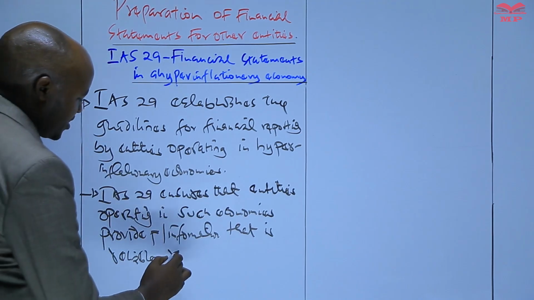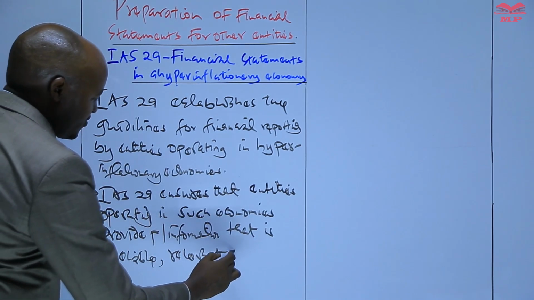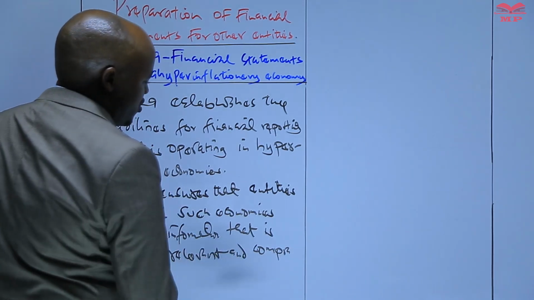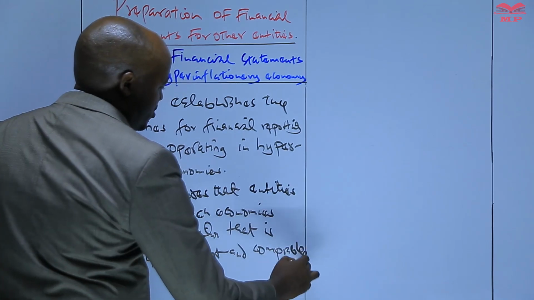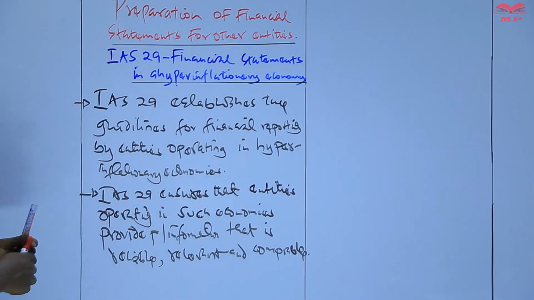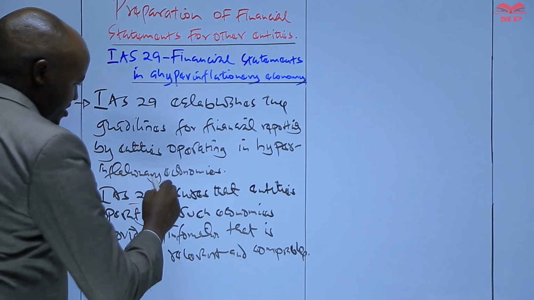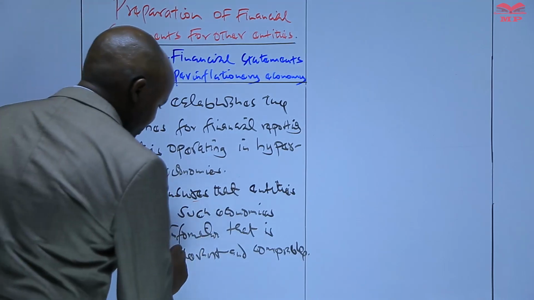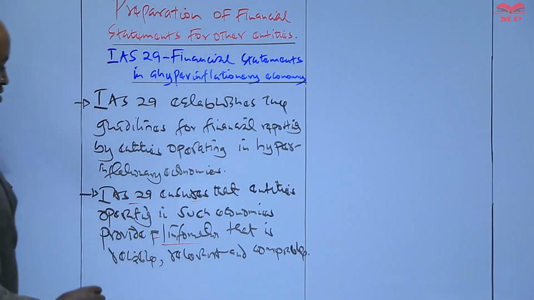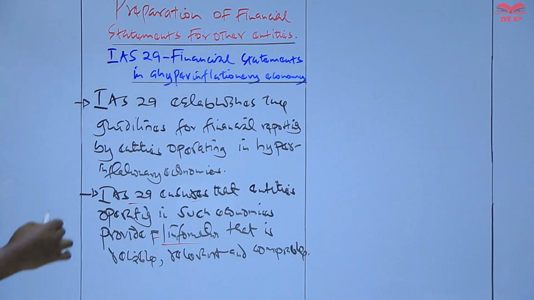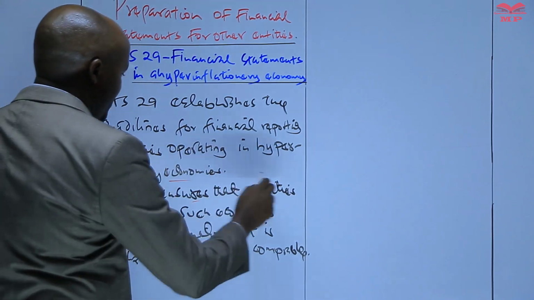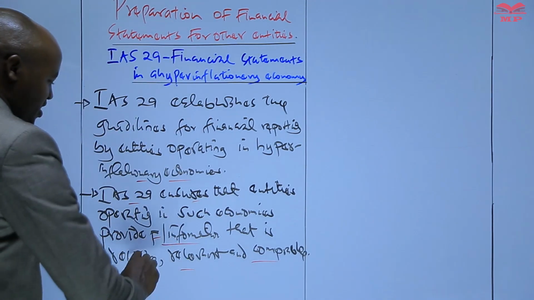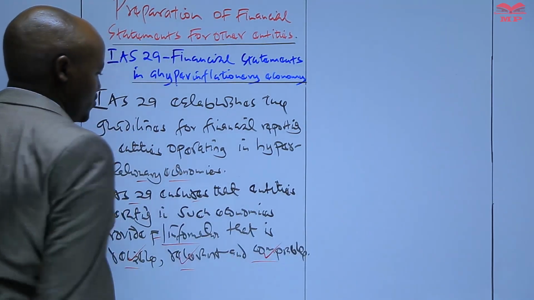Also information which is relevant, and also comparable. That is the main objective of International Accounting Standard number 29, to ensure that financial information provided to the various stakeholders by companies operating in hyperinflationary economies is reliable, is relevant, and also what?